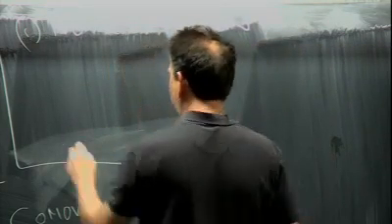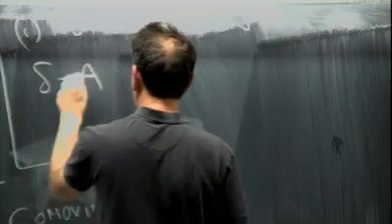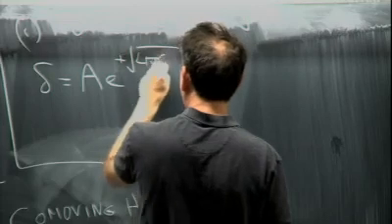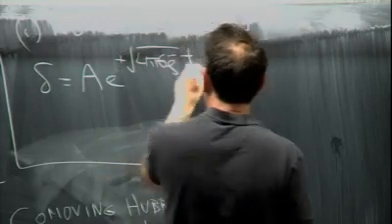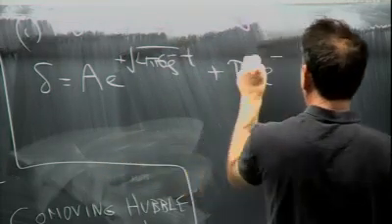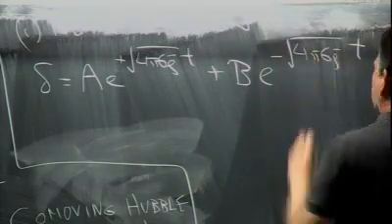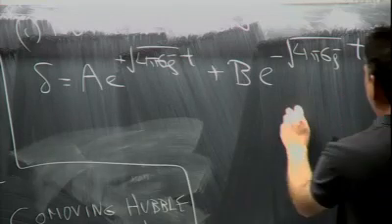And we know what the answer to that is. Delta is equal to A times e to the plus square root of 4 pi G rho bar t, plus some other constant times e to the minus square root of 4 pi G rho bar t. So there's a decaying mode.